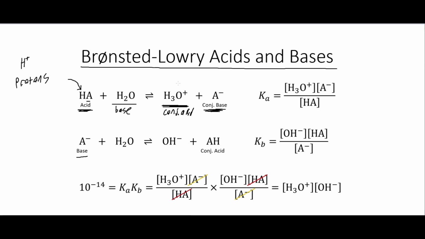If we flip this equation around, because we can do that because of equilibrium and Le Chatelier's principle, and look at it going this way, then this would be the base and this would be the conjugate acid. So calling something the conjugate acid or conjugate base of something is very context dependent.